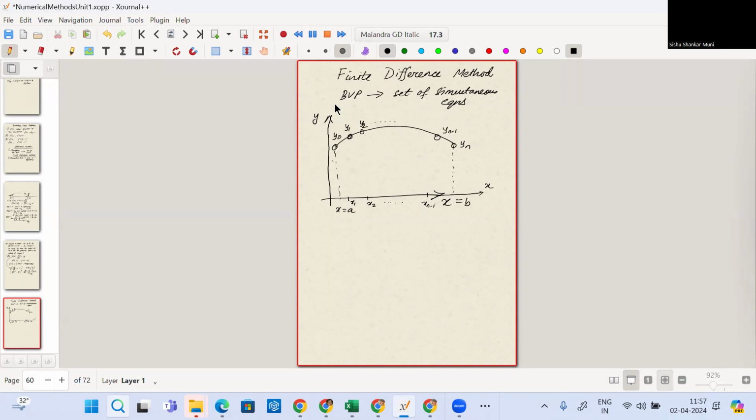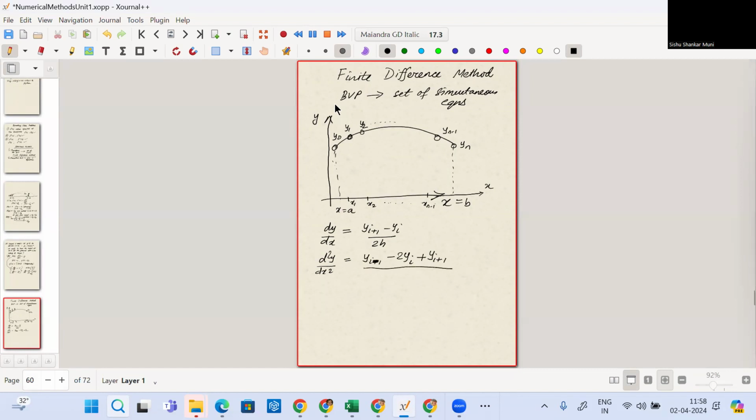Okay, that's the idea. So wherever you see dy by dx, you can use the central difference scheme. Wherever you see d2y by dx2, yi plus 1 minus 2yi plus yi minus 1, divided by h square. It should be minus, yi plus 1.